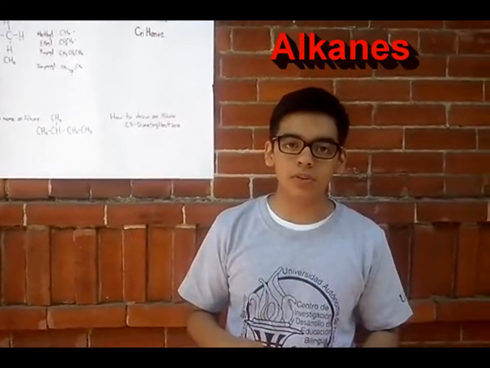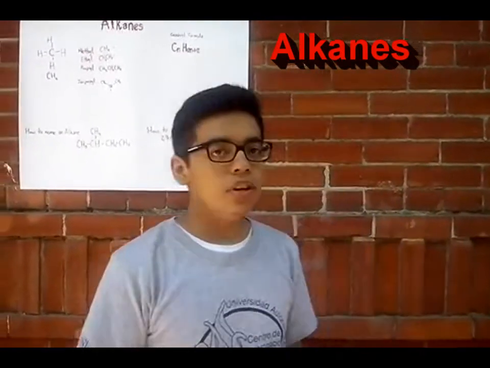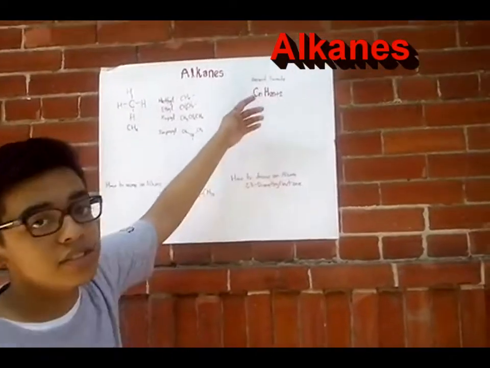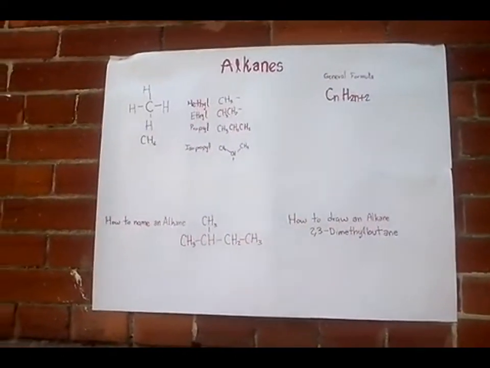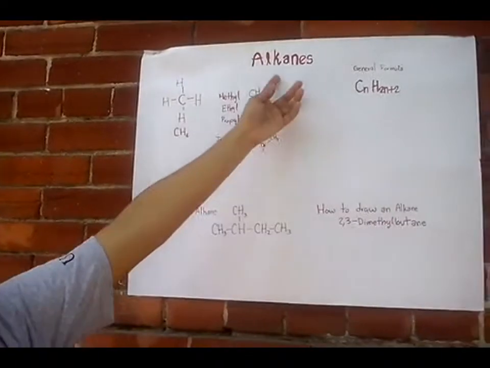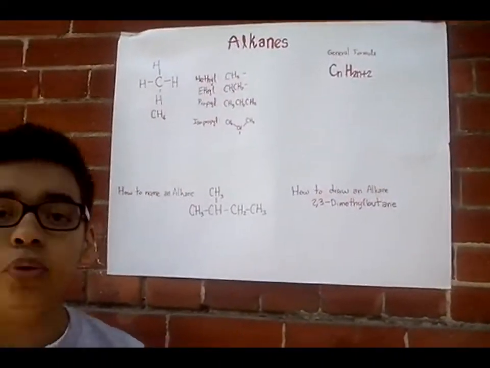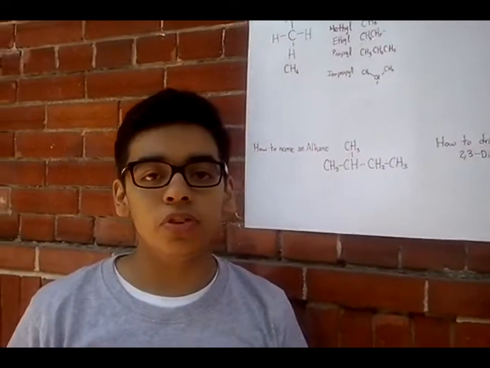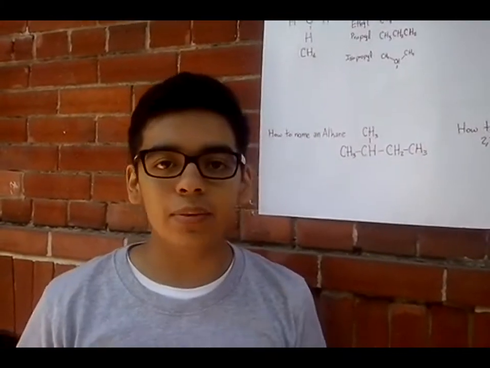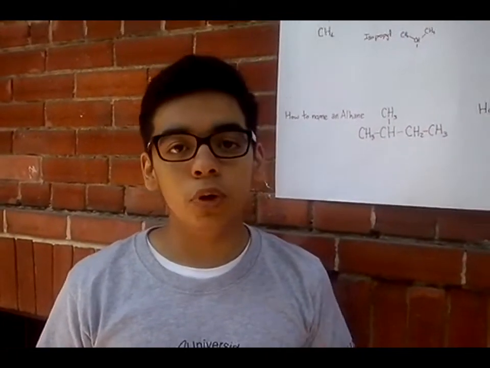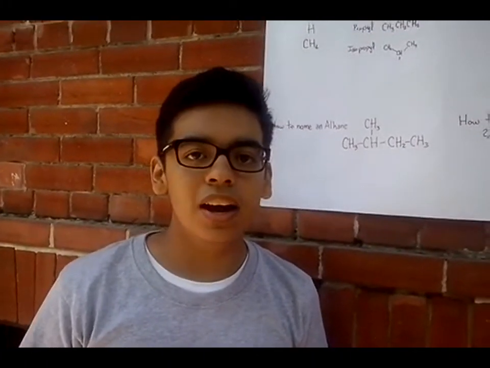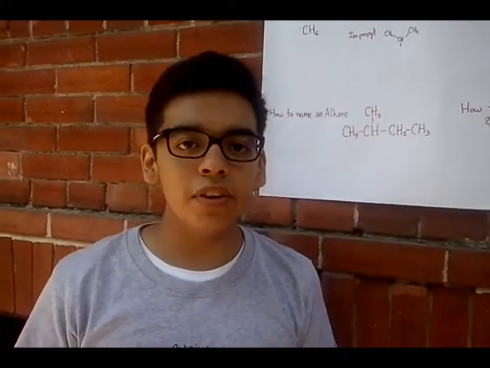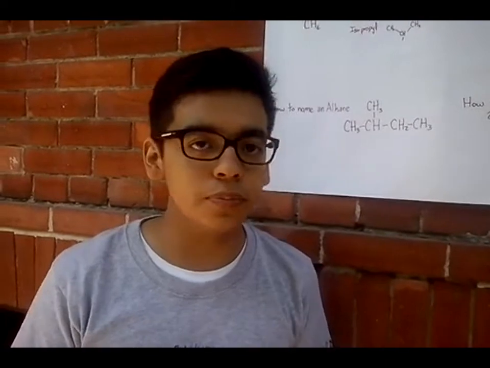We have single bonds between the carbons, and the general formula is CnH2n+2. All of them end in -ane, and we add a prefix depending on the number of carbons: meth for 1 carbon, eth for 2 carbons, prop for 3 carbons, but for 4 carbons, pent for 5, hex for 6, and so on.